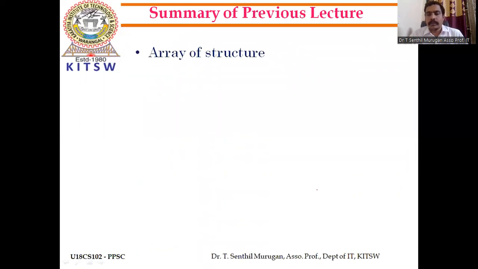This is a summary of the previous lecture. In the previous lecture, we discussed array of structure. Array of structure is used for creating more variables of a structure. According to the variable created, we can access the members of the structure. We use the struct keyword, then the structure name.